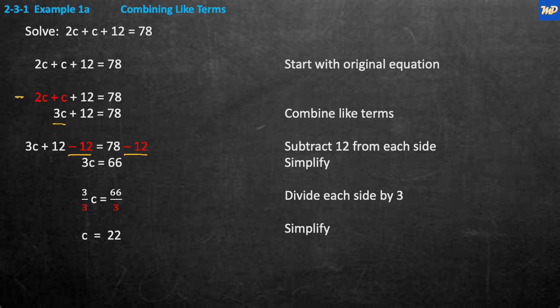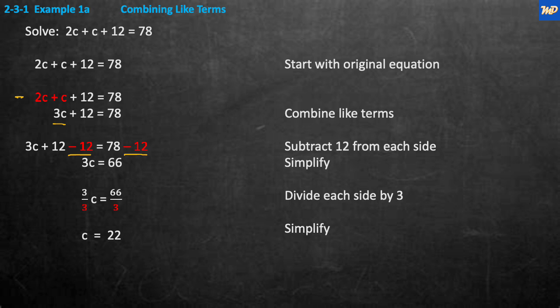Then once we do that, we're going to simplify, I guess is what we'll call this. And when you simplify, you're going to get 3c equals 66, since 78 minus 12 is 66. Now, the next step is to take care of the multiplication and/or division property of equality, and that would be to get the coefficient of the c term to be equal to 1.